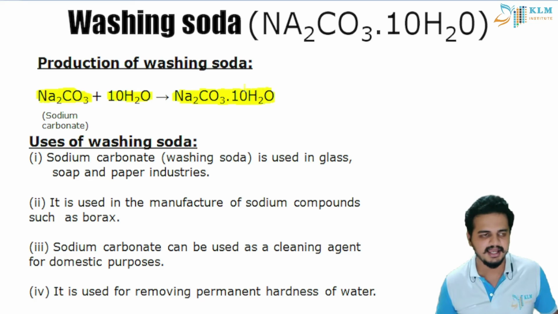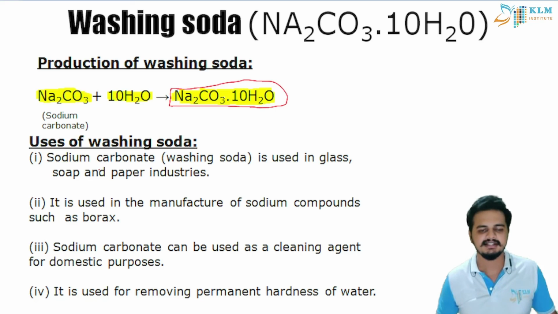I think you are seeing this chemical formula for the first time. This is also a salt, students. This is known as hydrated salts. I will talk about it in the next slide. First, we'll see the uses of washing soda.